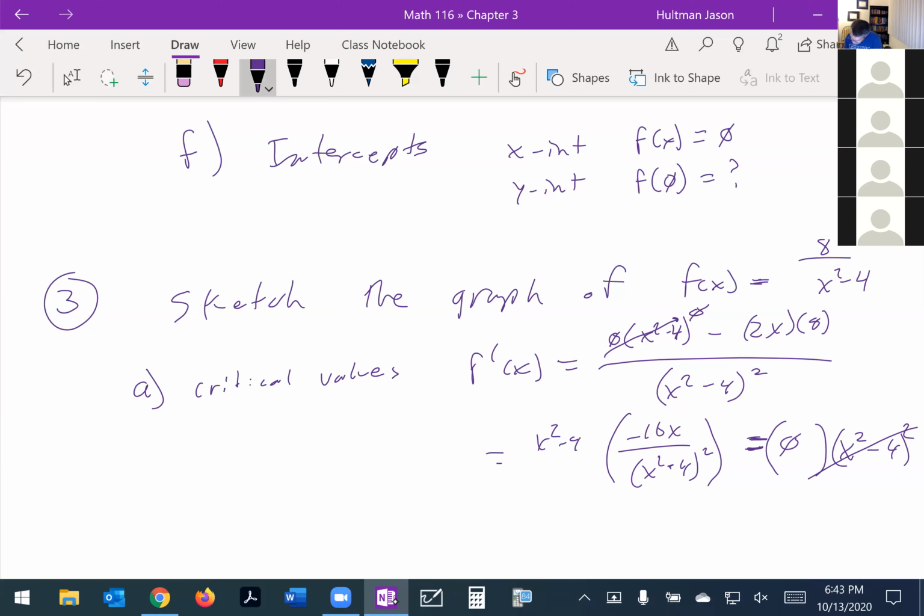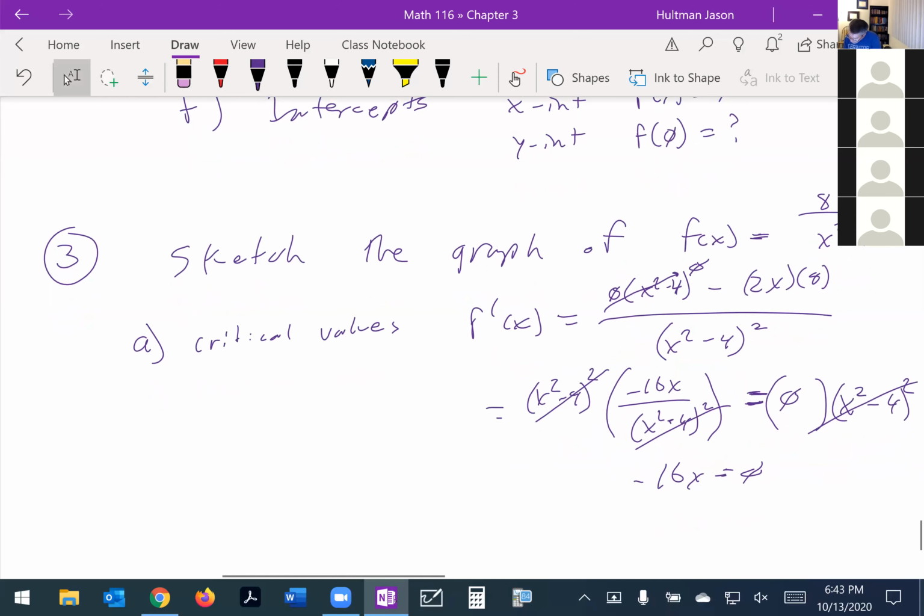So I get negative 16x equals 0. And so what's my only critical value? My only critical value here is 0. That's where I'm going to have either a relative max or a relative min. So I have to find out which it is. Is it a relative max or a relative min?